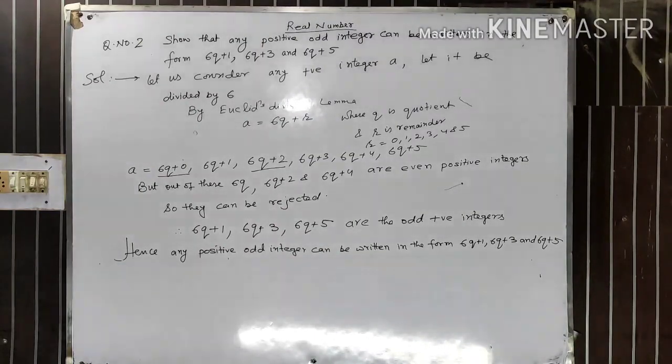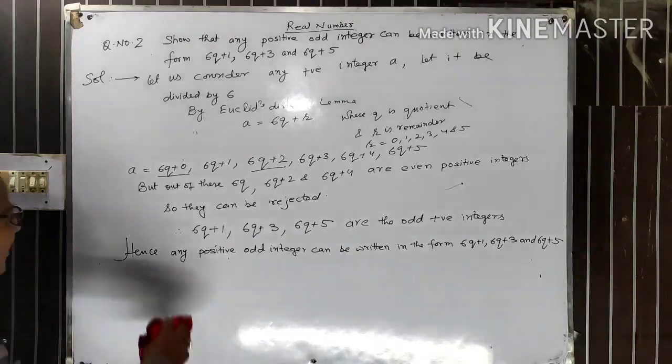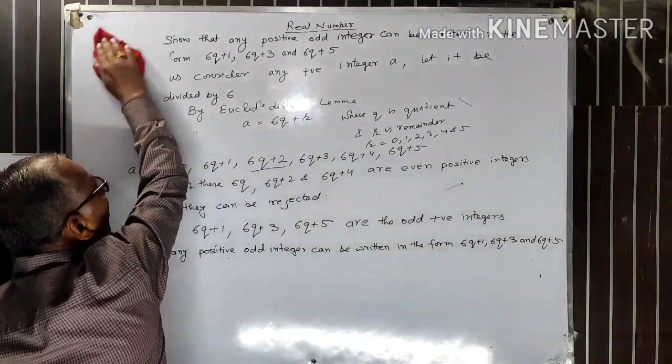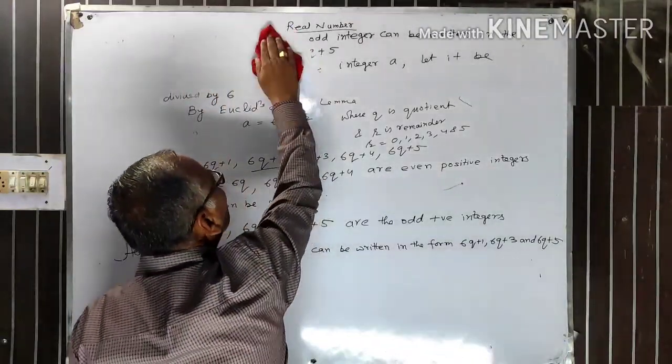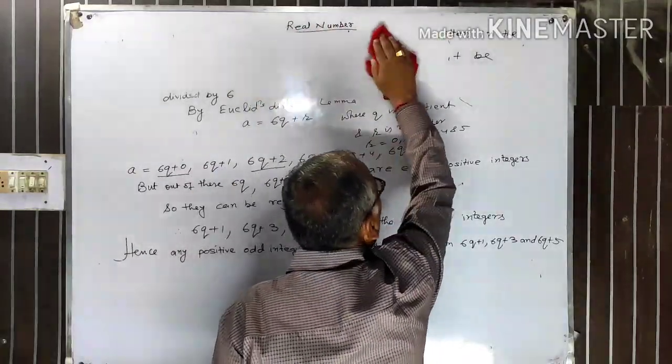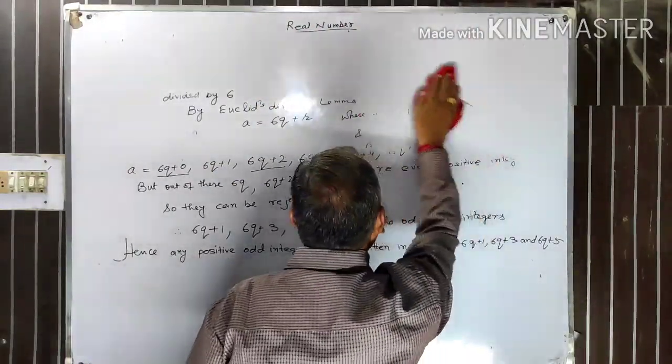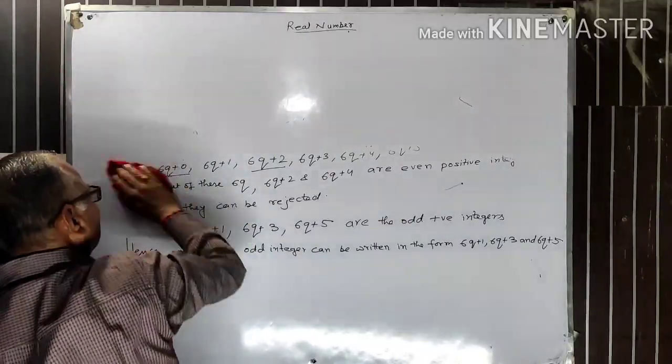The two groups are to march in the same number of columns. What is the maximum number of columns in which they can march? So this is your question number 3.